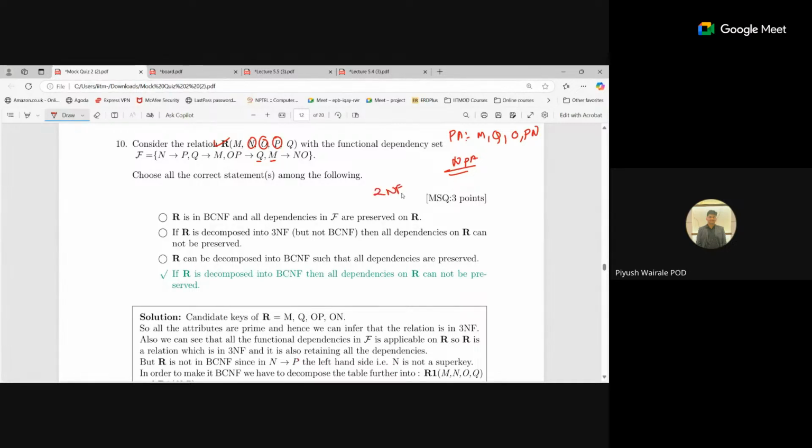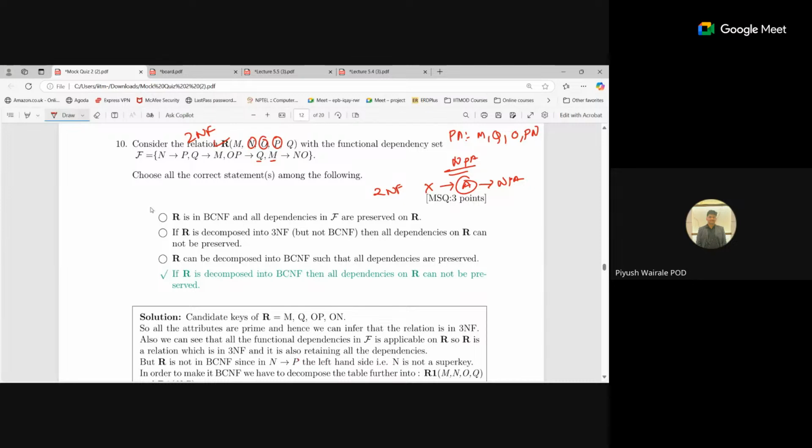Do we have any FD? No, because right hand side is not NPA here, right? So there is no partial dependency here. So it is in 2NF. What about 3NF? Do we have transitive dependency here? No, there are no non-prime attributes. So it is in 3NF.